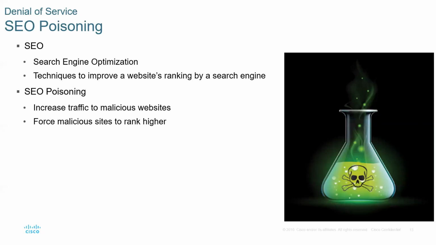Then he will push that website up the rankings, so that whenever you search twitter.com or SBI online, PNB online, instead of getting the real actual website in the top 5 results, you will get the link to the fake imposter website made by the attacker in those first 5 links.